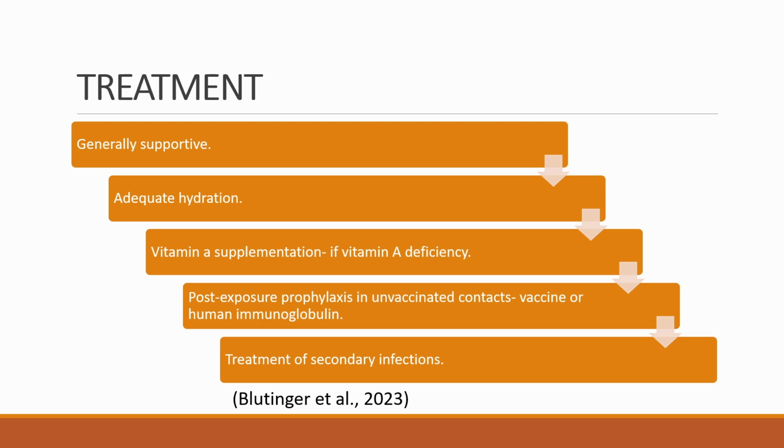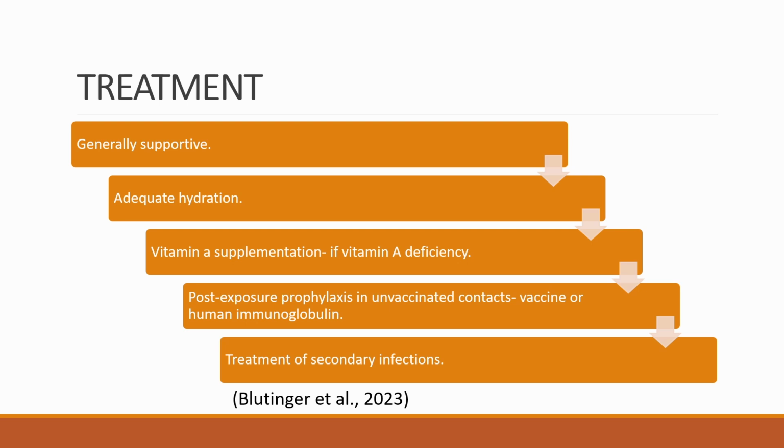What are the treatment options? Under treatment, there's no specific therapy for measles. Patients usually receive supportive care, with most requiring hospitalization. Adequate hydration is necessary, with some requiring IV fluids due to dehydration. Febrile patients are usually managed with standard antipyretics.